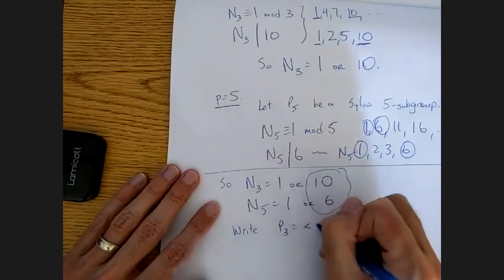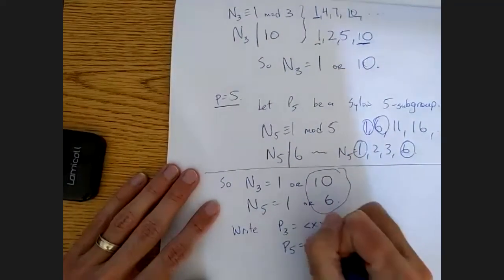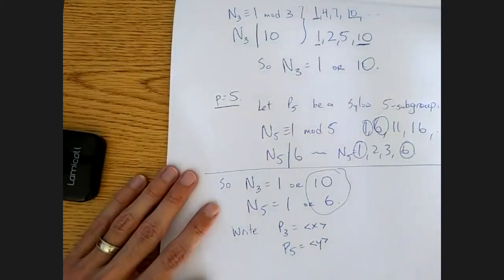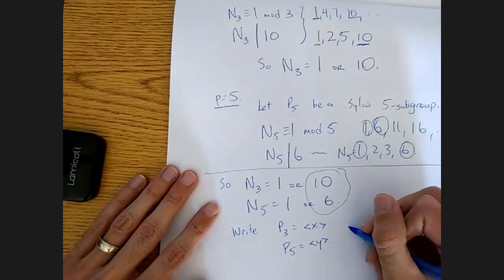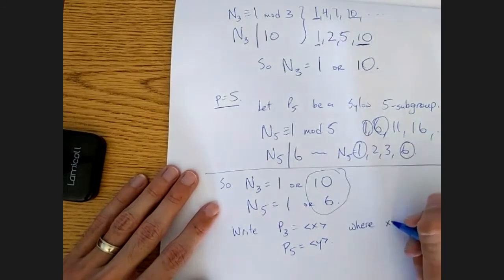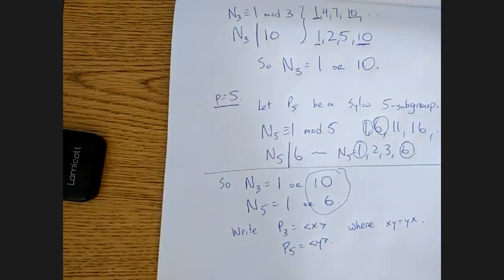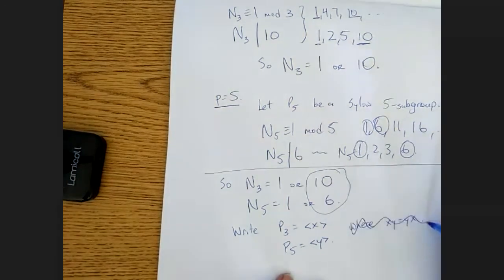P3 is generated by X, P5 is generated by Y, and with the same argument, we can say that XY equals YX. Actually, no, I don't know that unless I know that they're normal.